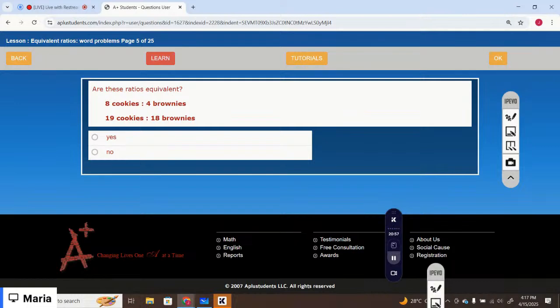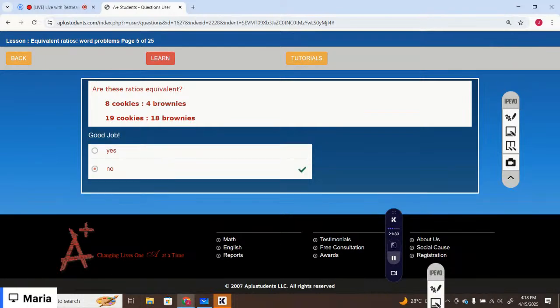Yes or no? No, they are not equivalent. Option number two is the correct option.